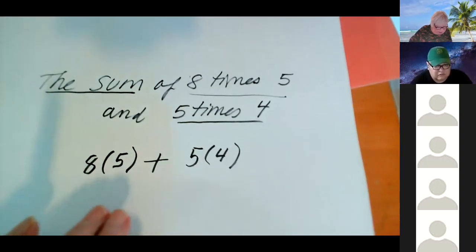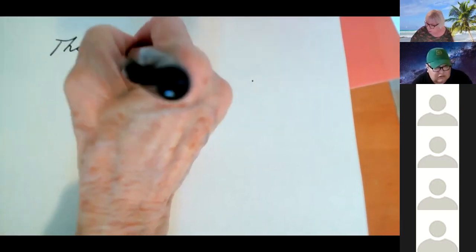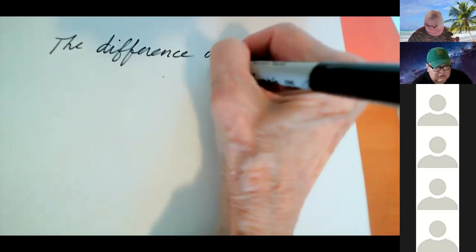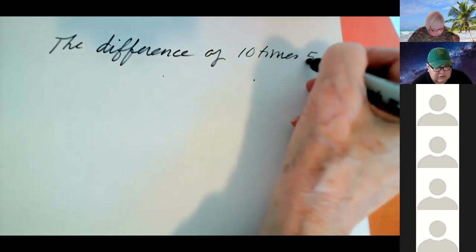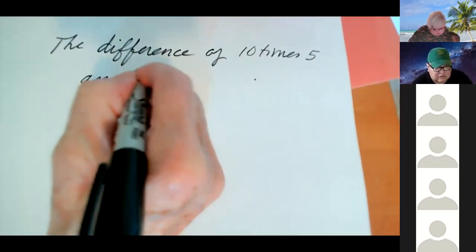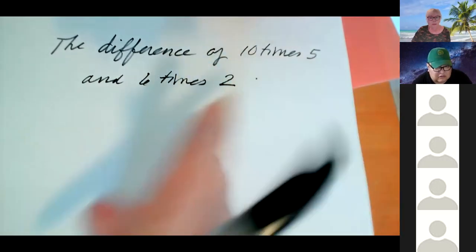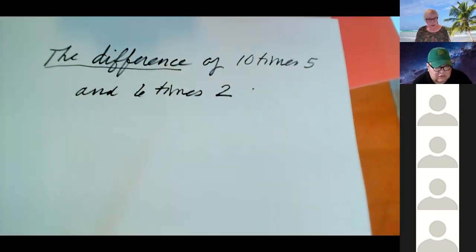Let me write another one down, and then the difference. I don't know if you remember that word, but we're going to see it again. The difference of 10 times 5 and 6 times 2. That's what's out of the gate first. It's a horse race.